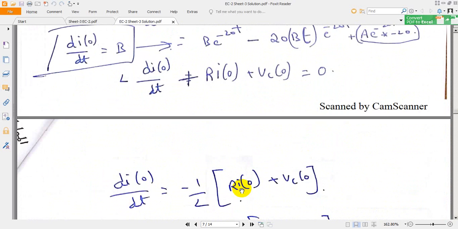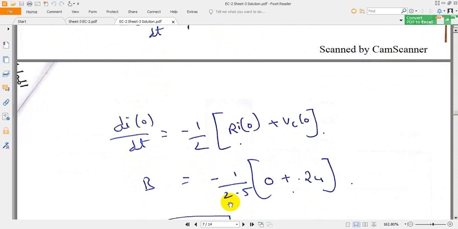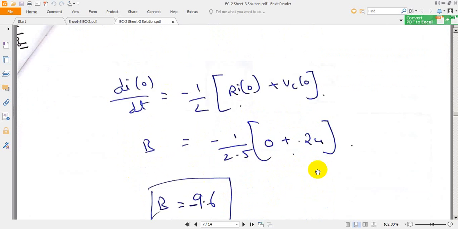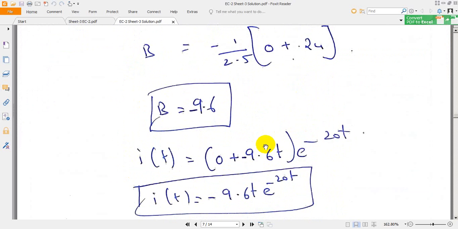Substitute all these things from here. di by dt at 0 is equal to 1 by L into (R into I naught plus Vc naught). L value we know, it is 2.5. Current before switching operation is 0, so 0 into R will become 0, plus voltage across the capacitance is 24 volts before switching operation. You will get b is equal to minus 9.6.